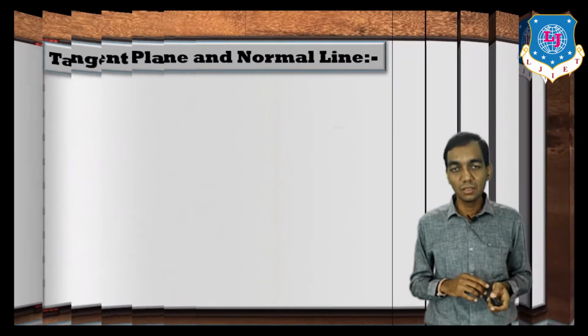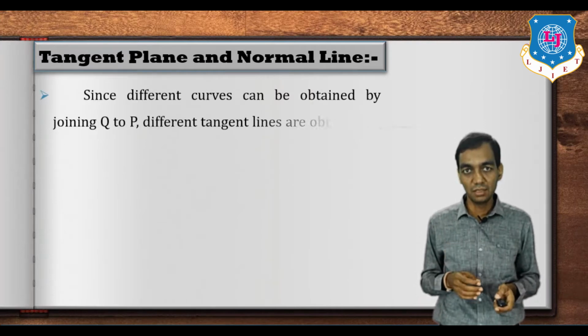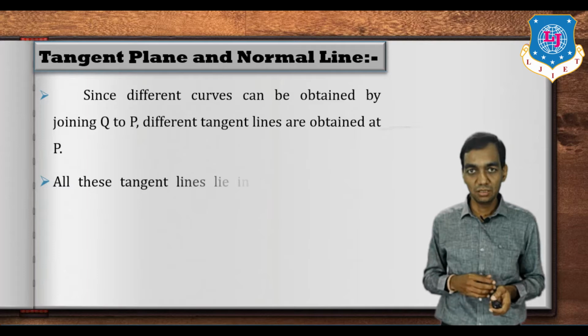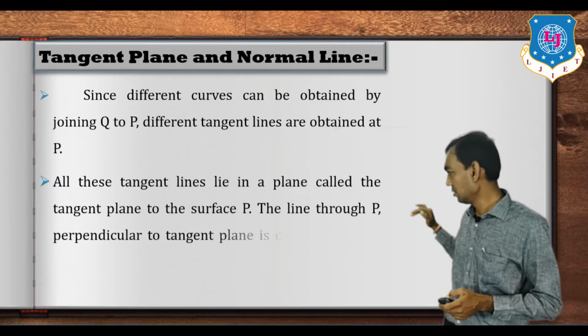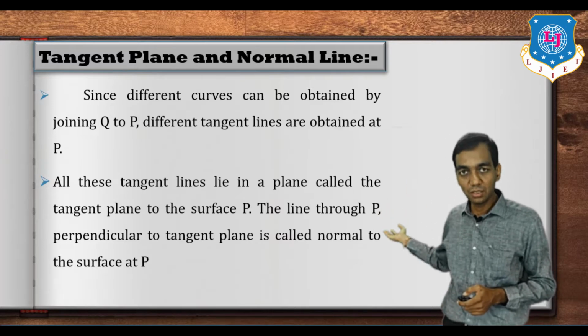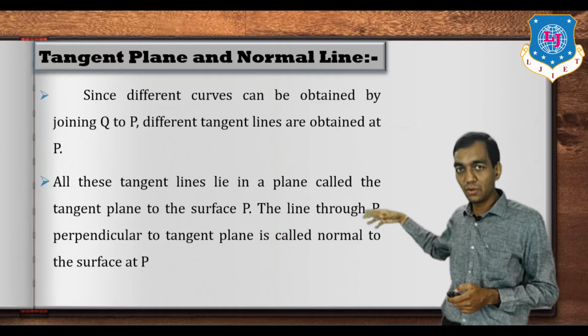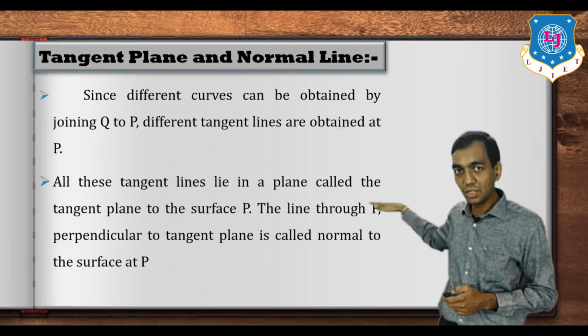Now, the tangent plane and the normal line. See, in 3 dimensions, we draw this one line. In the same manner, if you take Q in another direction, then you have another line. In the same manner, you have infinitely many lines, and all the lines lie in one plane.